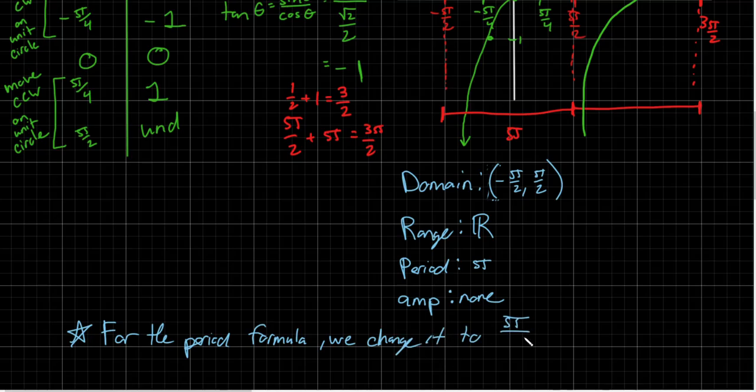pi over absolute value of b for tangent and, spoiler, cotangent. So when we're graphing tangent and cotangent, that's the only time we change the period formula to pi over b, not 2 pi over b anymore.